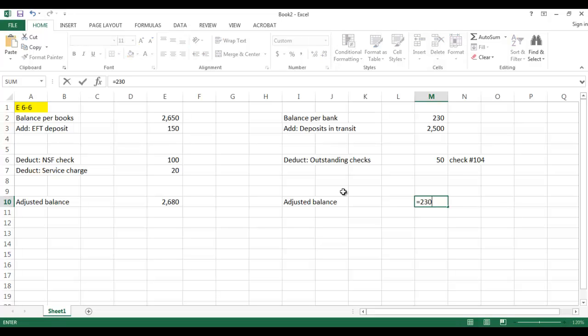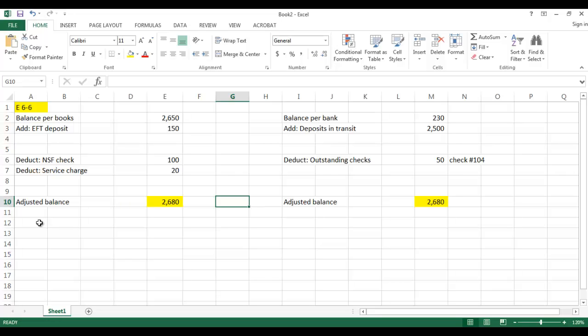That's the $230 bank statement ending balance plus the deposit in transit of $2,500 minus that outstanding check of $50, and there's $26.80. So those match, so we've accounted for everything. Again, that's our adjusted balance going forward.